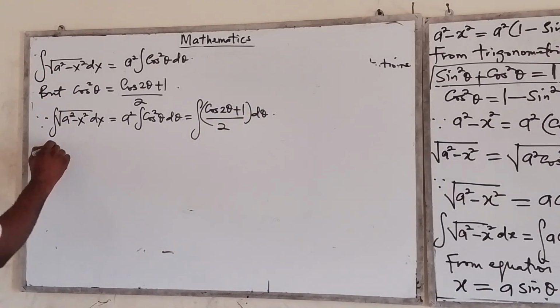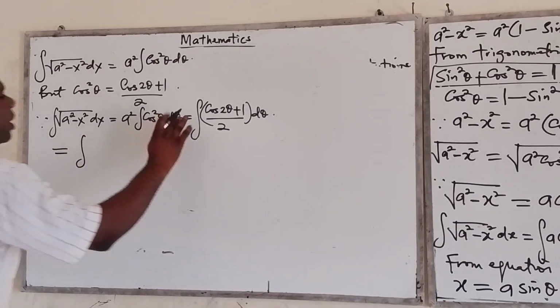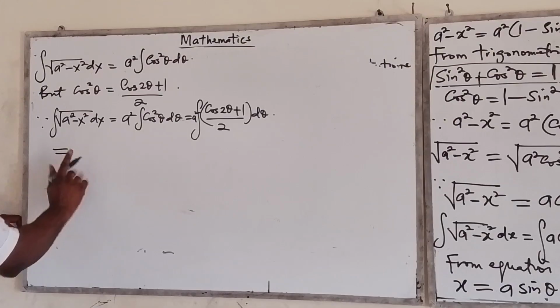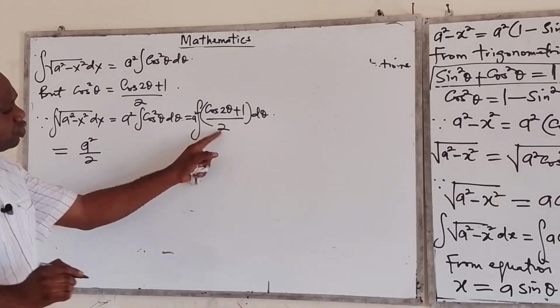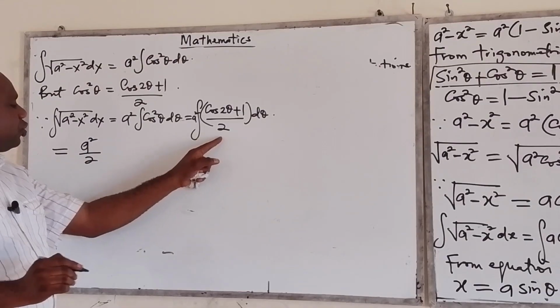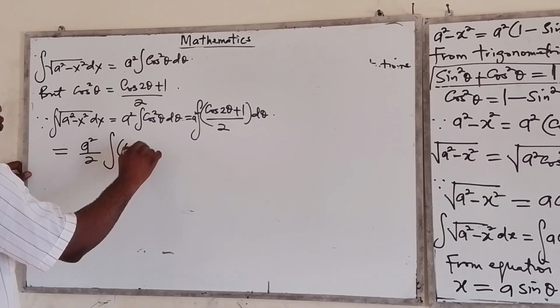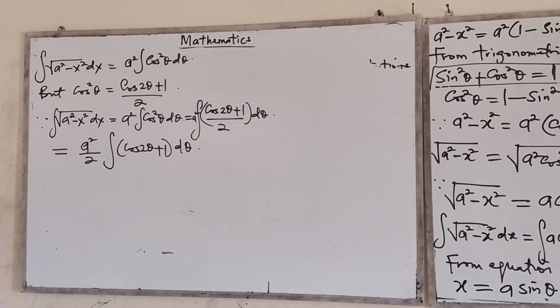Remember we have a squared, and this 2 is also a constant, so we have a squared all over 2 times the integral of cos 2 theta plus 1 d theta.